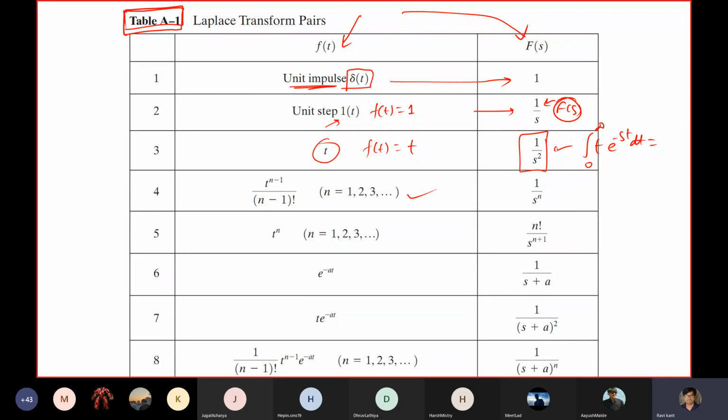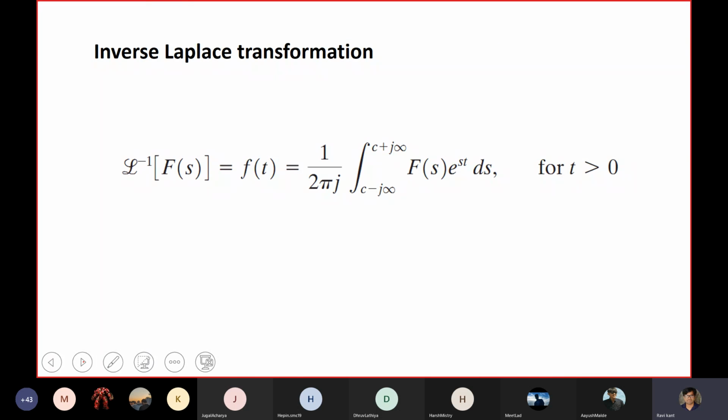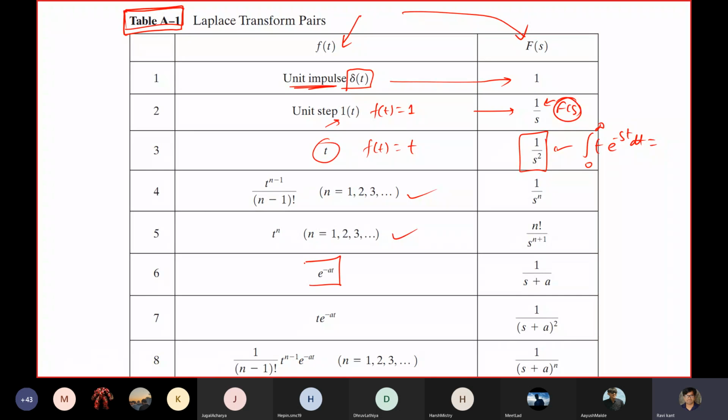Similarly, all sorts of information is given: t to the power n, e to the power minus at, which is widely used. Whenever f(t) is e to the power minus at, you get F(s) from the integral of e to the power minus at times e to the power minus st dt, and when you do it properly, you will get 1 upon s plus a.